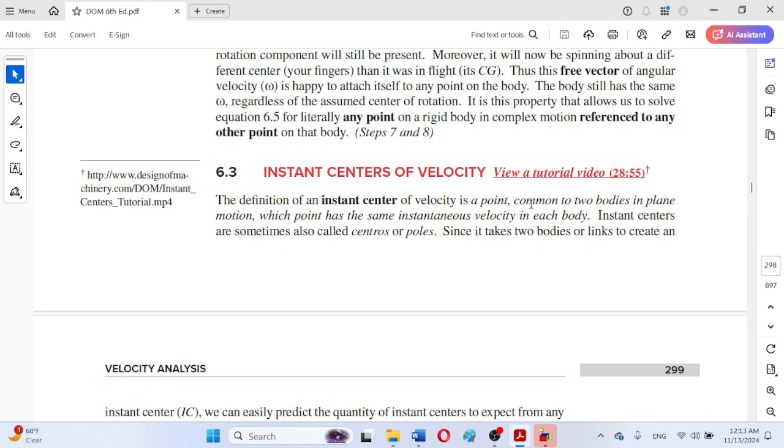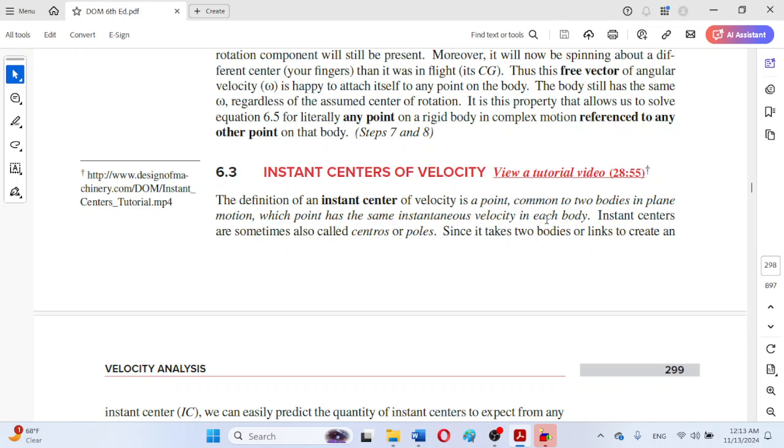This is called the instant center technique, and the point is common to two bodies in plane motion and has the same instantaneous velocity in each body.